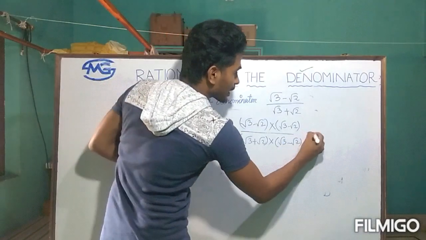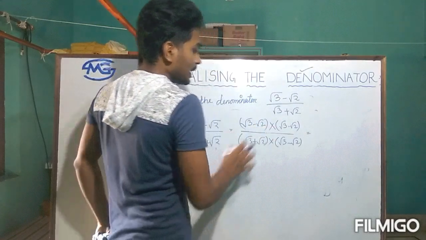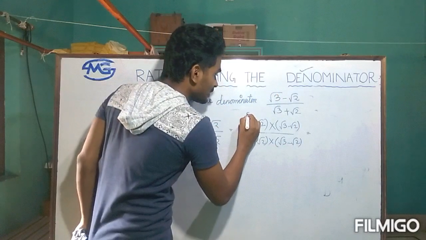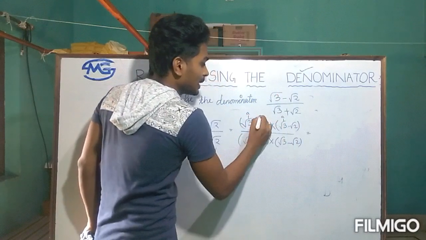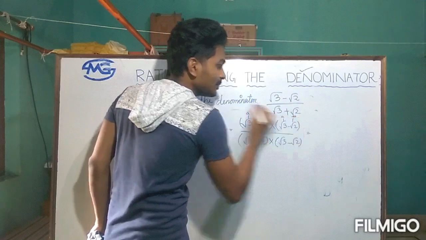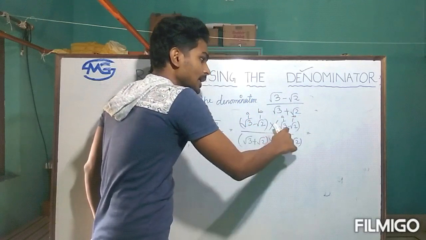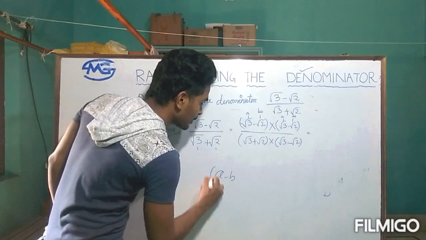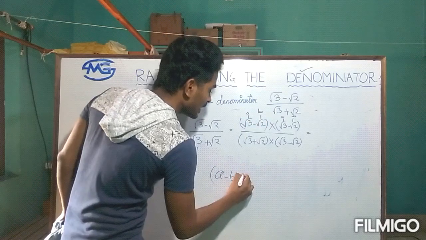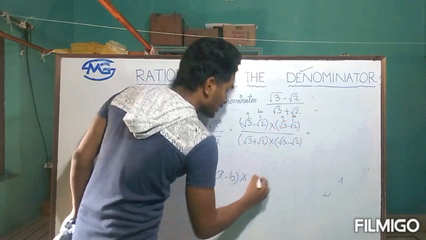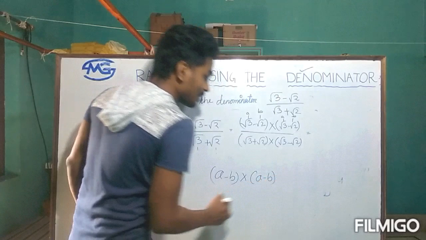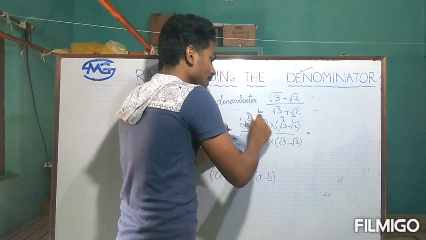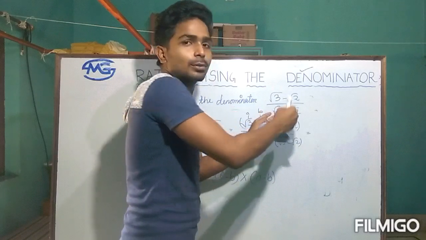Then in the numerator, there are two terms, and these two terms are equal. Let's say this is A, and this is B, then this is also B. If it is minus, it is also minus. So they will form A minus B into A minus B. Root 3 minus root 2 here, and root 3 minus root 2 here.